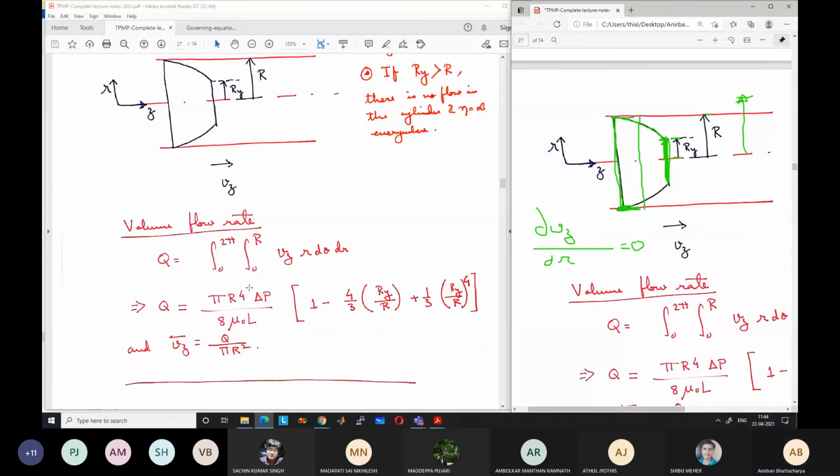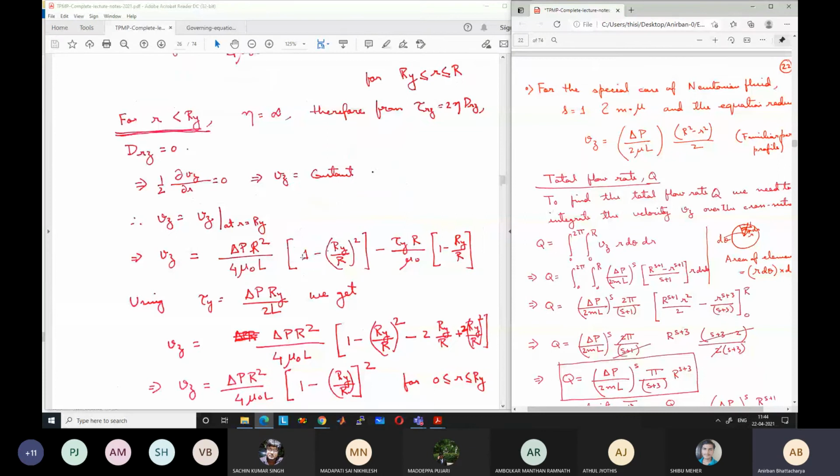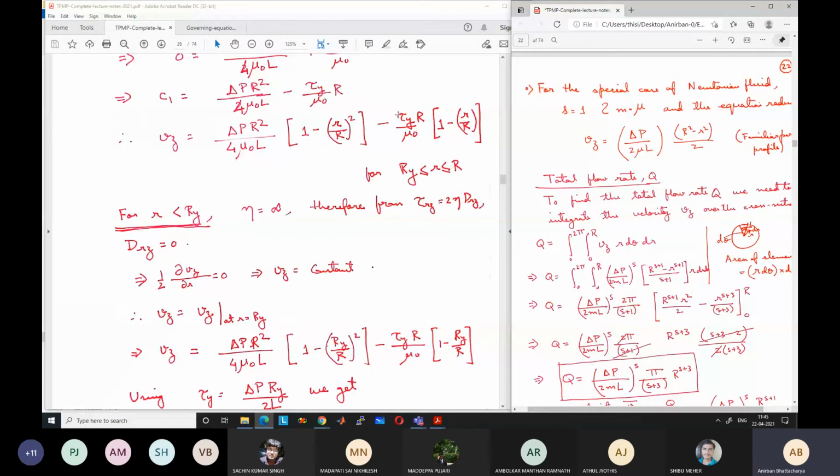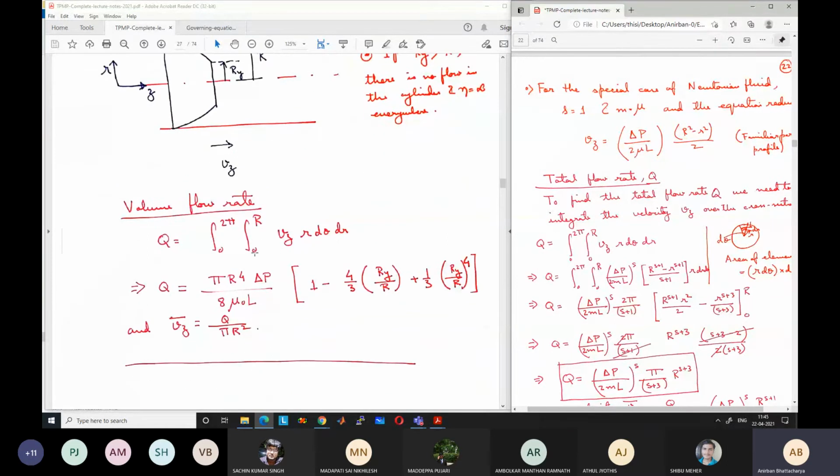You have to replace the value of Vz from the expression that we obtained. Here you have to do it by dividing into two parts, one from 0 to ry and the second from ry to R, because the velocity expression is different in the two parts. And if you do that, you will get this expression.